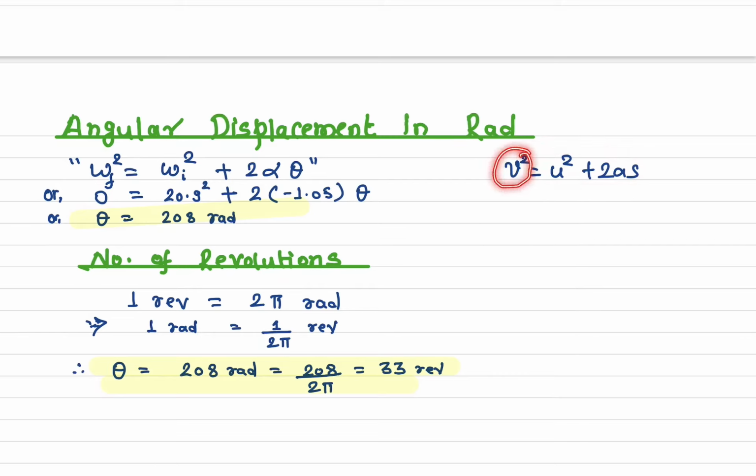So v is the velocity, so in rotational motion it will be the angular speed, omega f squared, and u is the initial velocity, so it will be the initial angular speed squared, plus 2 alpha theta. a is the linear acceleration, and in rotational motion it will be angular acceleration, and s is the linear distance, and in rotational motion it will be the angular distance, or what we call the angular displacement. That's as simple as it is.